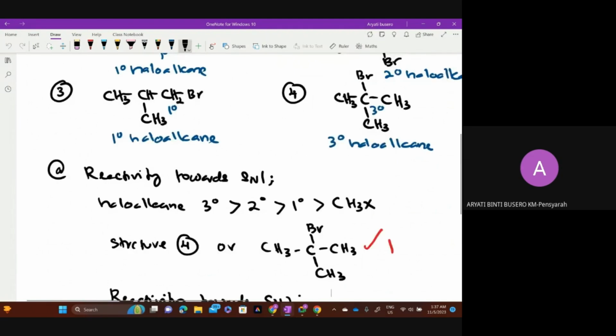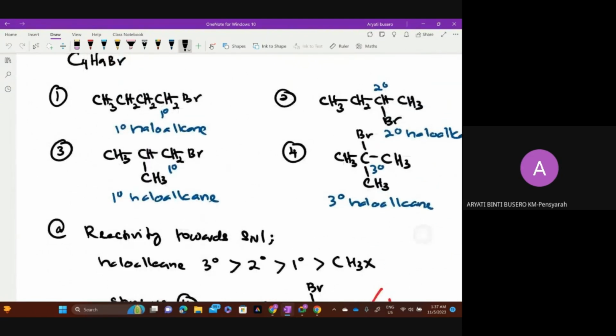So kalau kita tengok daripada drawing kita, which one is primary haloalkane? So it will be structure number 1 ataupun structure number 3.